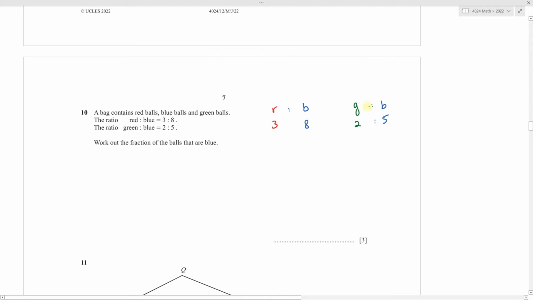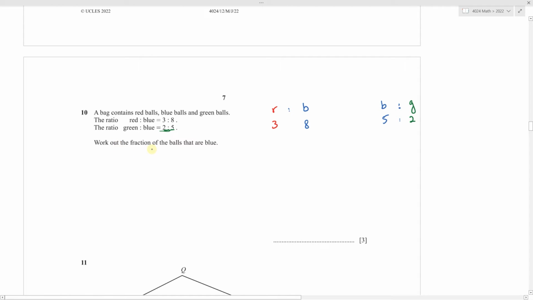In fact, let me write it down the opposite way so that we can see the common value is blue here. So blue ratio green. Blue ratio green will be 5 ratio 2 from this. So green is 2. So we don't know what is the ratio of red ratio green, right? Blue is the common ratio that we are given.